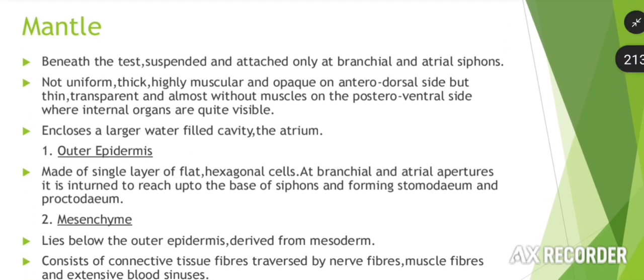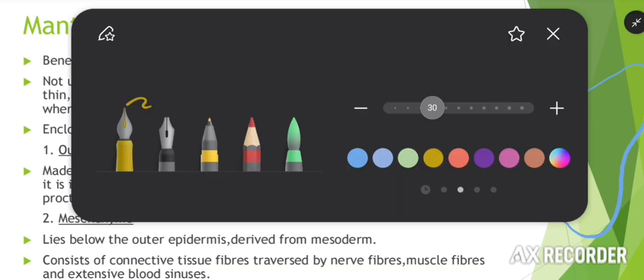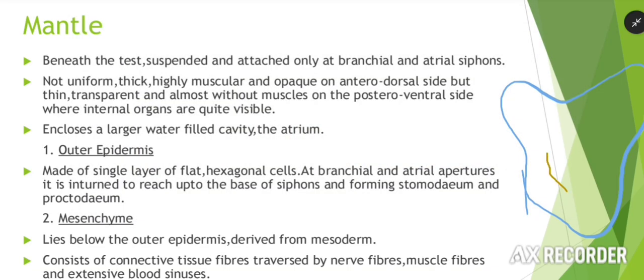Now we move on to mantle. Now mantle lies beneath the test, as we have already studied. It is suspended in the test and attached only to the siphons. These are the siphons present here, and this is attached mantle. Okay, let's suppose this one is the mantle and this is the foot region.